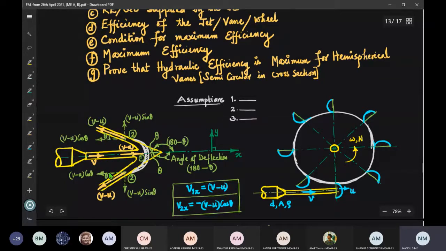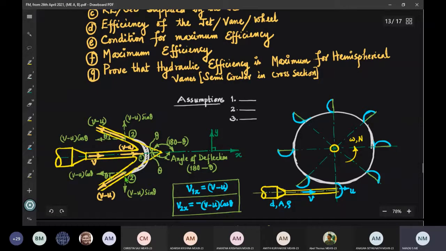The deflected jet and the incoming jet have the velocity components v1x and v2x before impingement and after impingement in the x direction. So v1x is v minus u, that is the effective velocity with which the jet strikes the vane in the x direction.